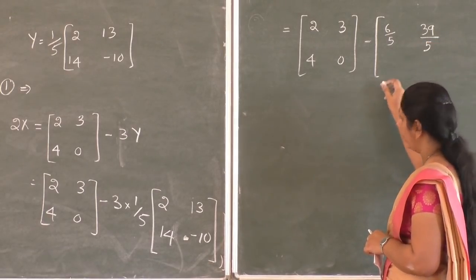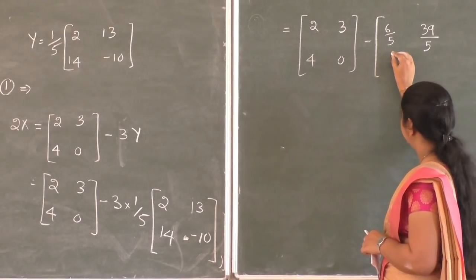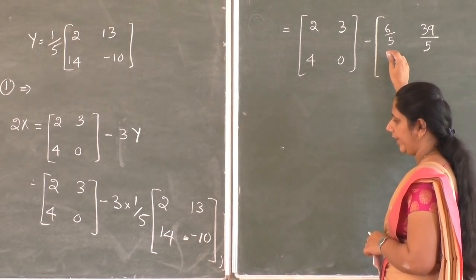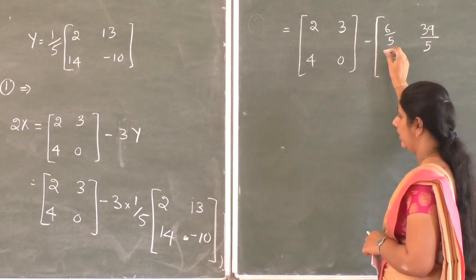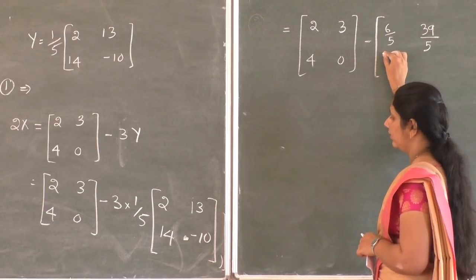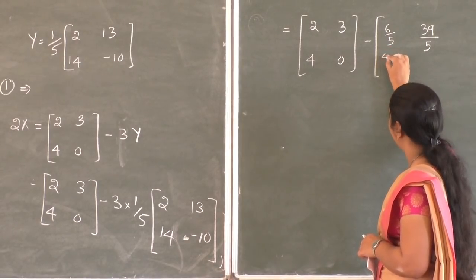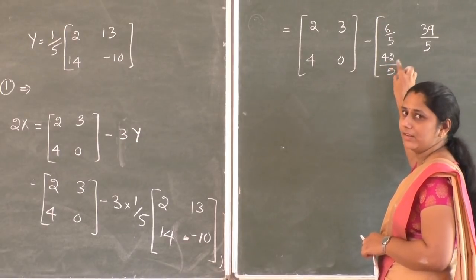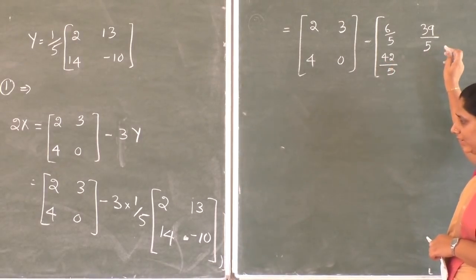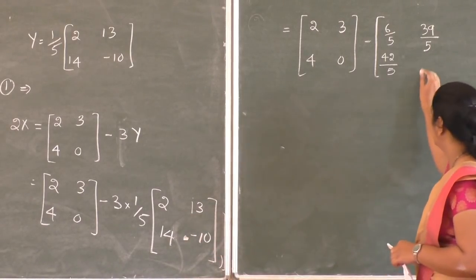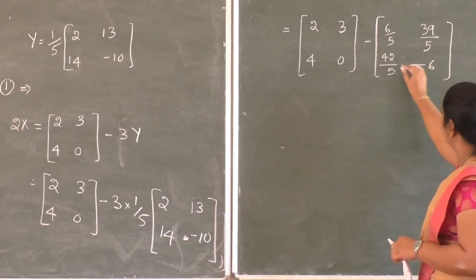Next one, 3 by 5 into 14, that is 42 by 5. Next one, 3 by 5 into minus 10, that is minus 6.